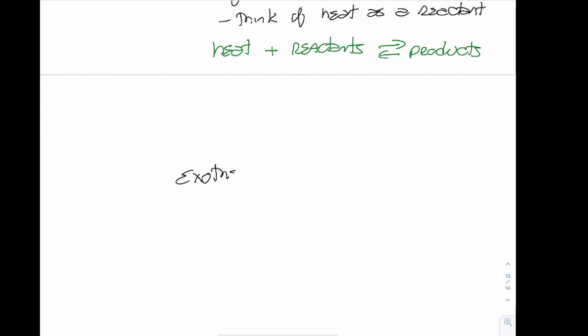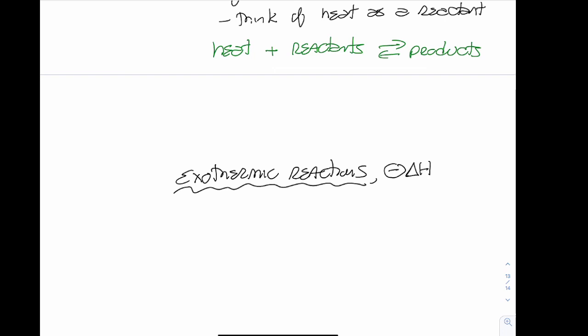For exothermic reactions, right? These are ones that are going to have a negative value for my enthalpy change, right? These have lost heat energy. So my enthalpy when I'm done is less than my enthalpy when I started. So I have a negative change.